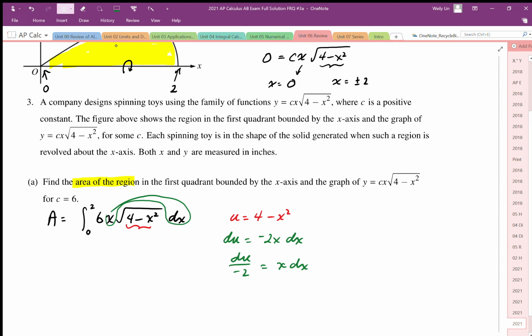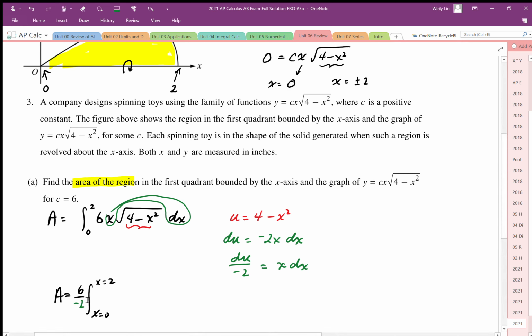When I do this, I just have to remember that when I change my variable of integration, I need to make sure that I indicate that on my bounds. So my bounds are going to be x equals 0 to 2. I'm going to take that 6 outside because it's a constant, and I'm also going to take that divide by negative 2 on the outside as well, because that's also a constant.